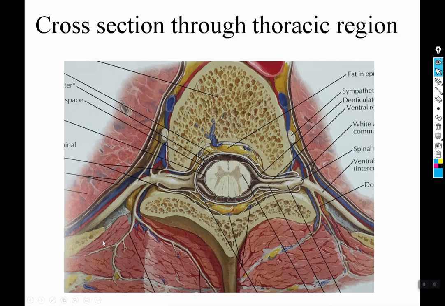This is also like your models in lab, where you have a vertebra surrounding your cross-sectional anatomy of the spinal cord to show you where things are, which side is which, etc.